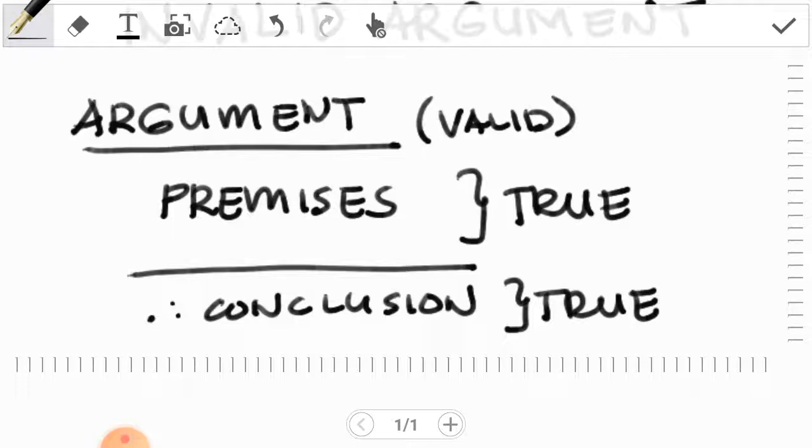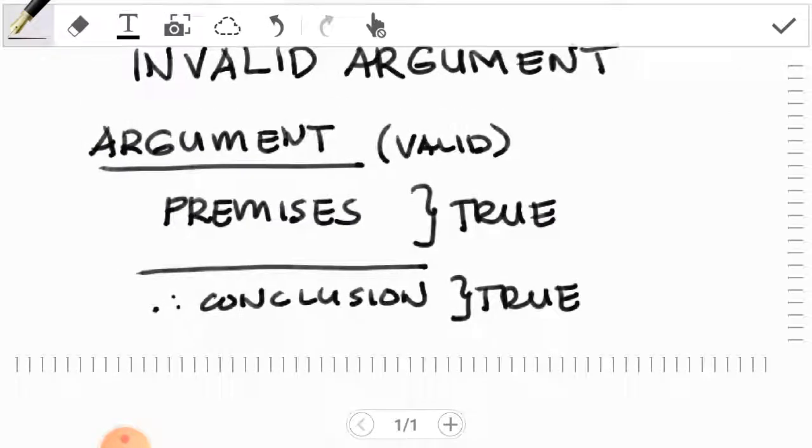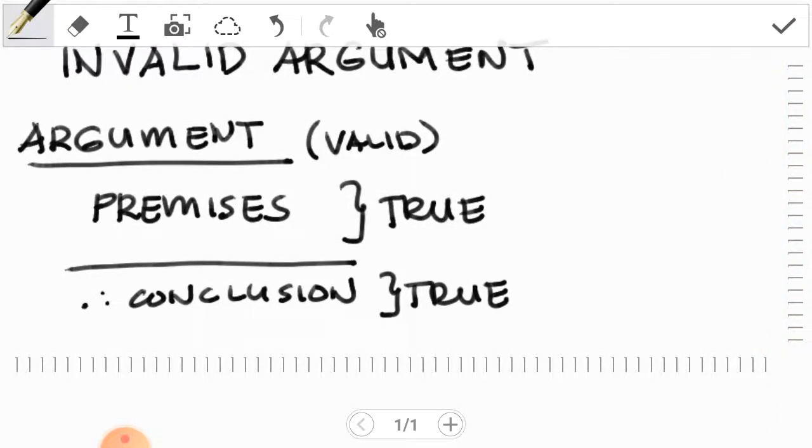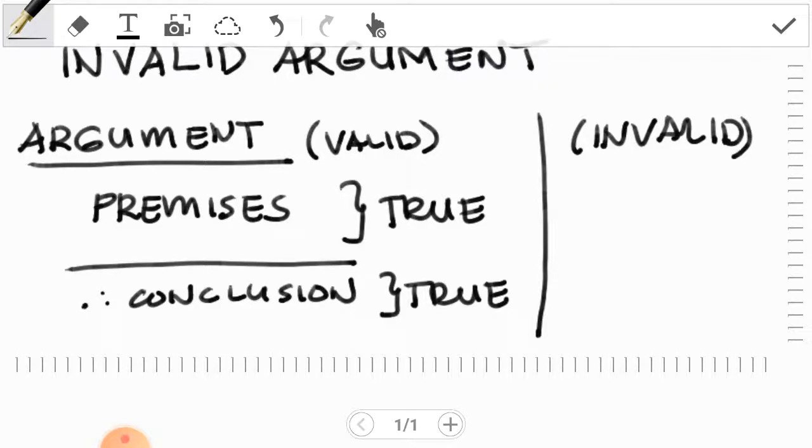Since we now want to look at an argument that is invalid, what is the difference between an argument that is valid and an argument that is invalid? For a deductive argument, the argument becomes invalid if the conclusion cannot be derived from the premises.